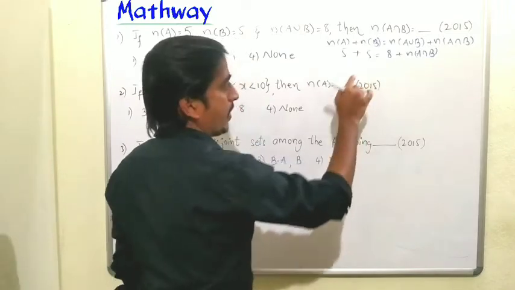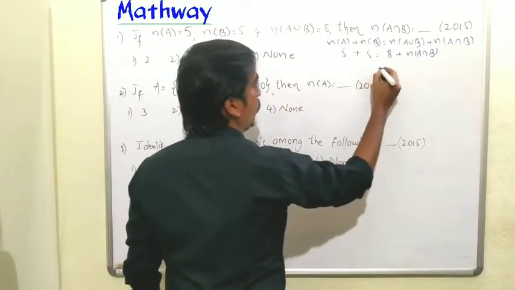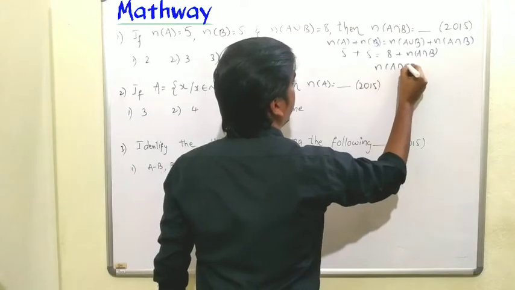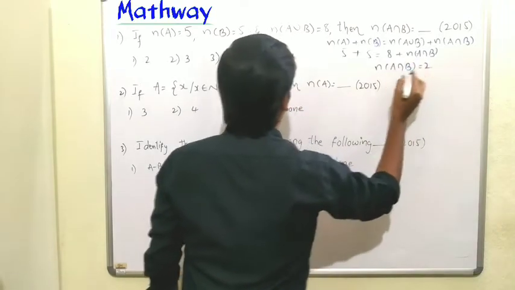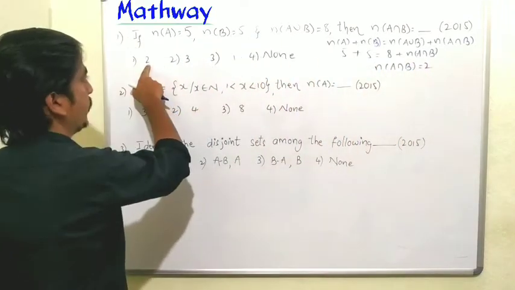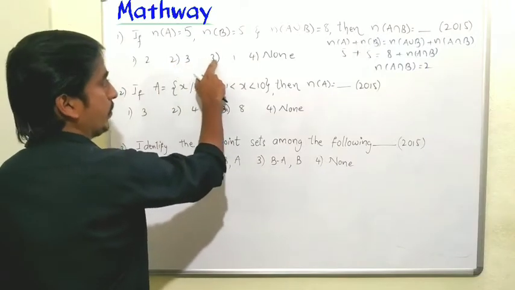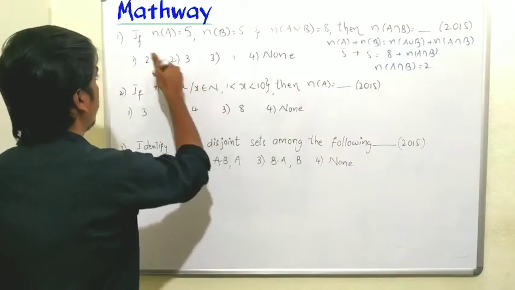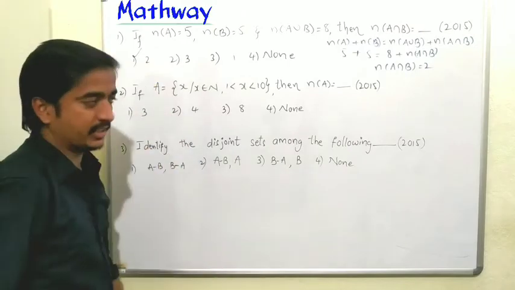When we transfer it, it becomes minus. So 10 minus 8 is 2. So n of A intersection B is 2. What is the correct option here? Option 1 is 2, option 2 is 3, option 3 is 1 and option 4 is none. So option 1, 2, is the correct answer.